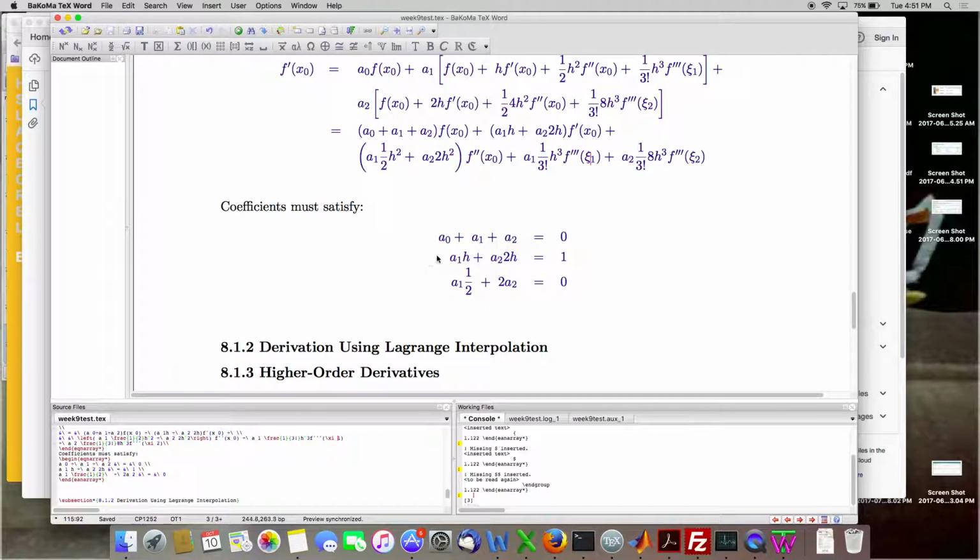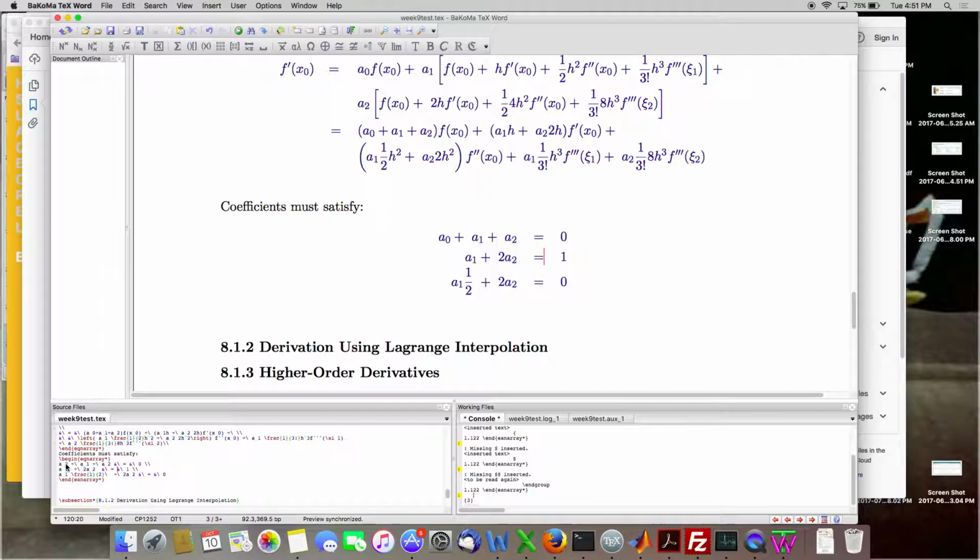All right, so now we need to solve a system of equations. Now, these two equations, the last two, do not involve a0. That helps. So really, the last two equations we can solve. And then to make it a little more convenient, I'm going to divide the second equation by h. And that's 2a2.